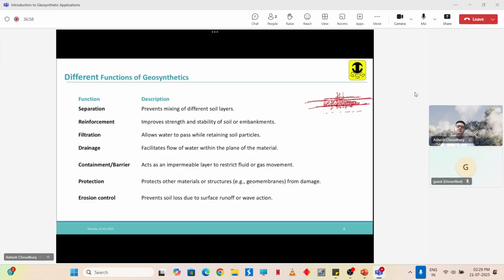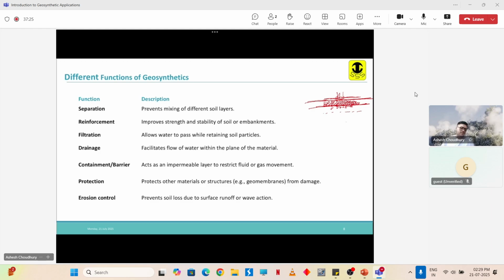All right. The next function is reinforcement. So what is reinforcement? It improves the strength and stability of soils or embankments. The most common application of the reinforcement function is reinforced earth walls, right? Say you want to construct an approach road.